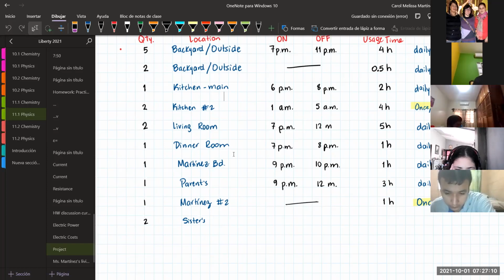I will separate these two because they have different usage time. Okay, one from my sister and the second also from my sister's.